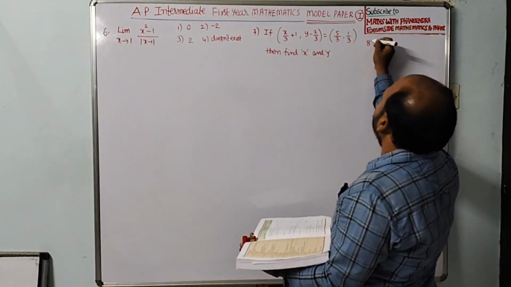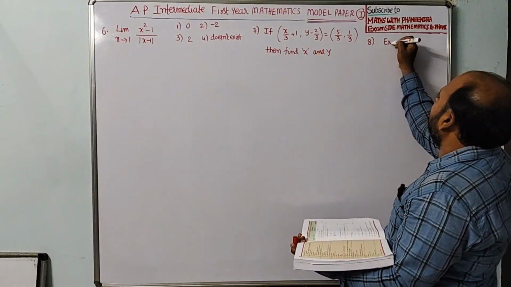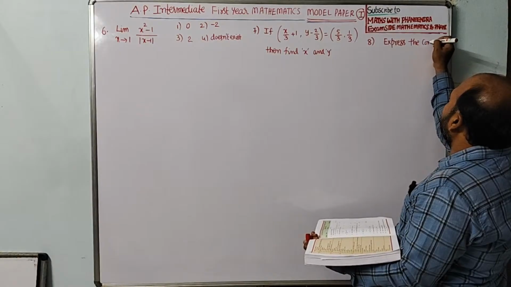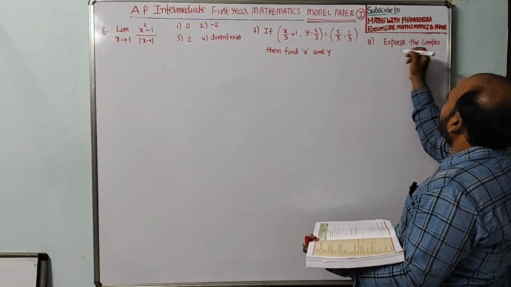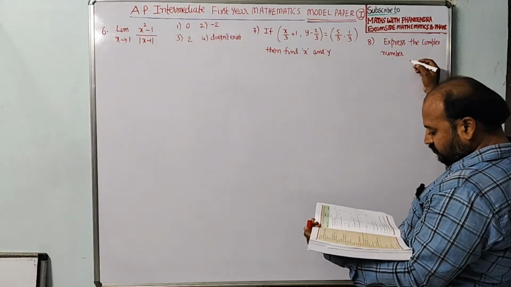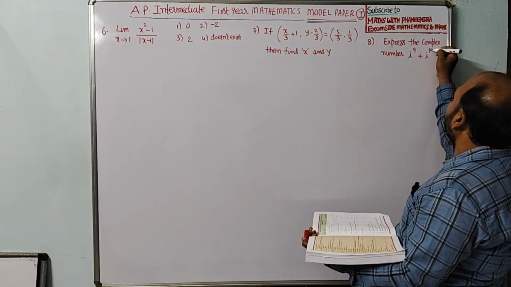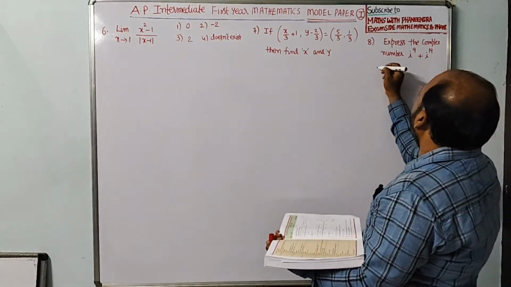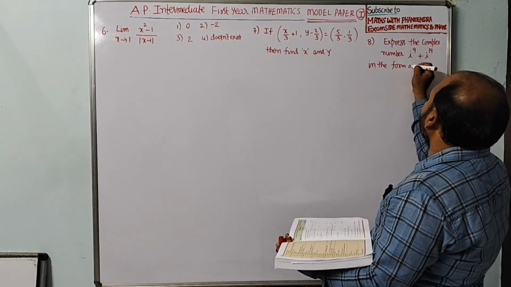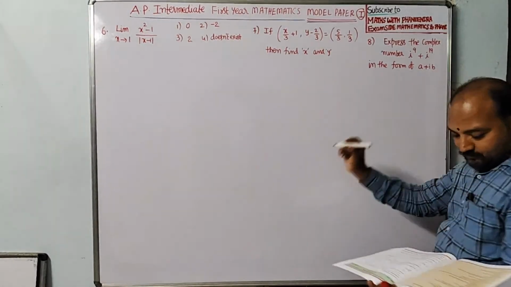Next, question number 8. Express the complex number i power 9 plus i power 19 in the form of a plus ib.